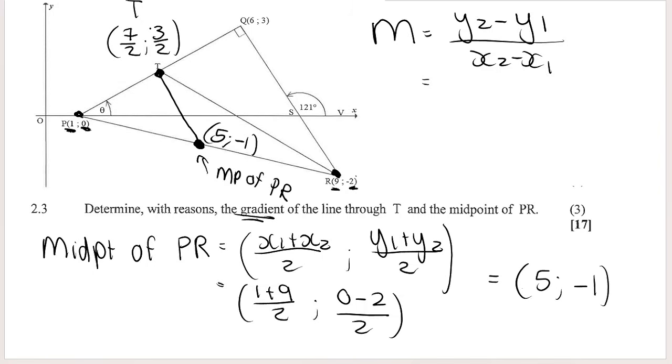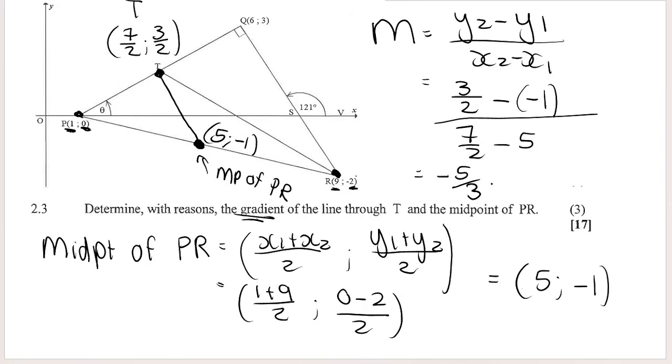So y2, so 3 over 2, minus negative 1. So it's y2 minus y1. My y1 is a minus, so it's minus, over x2, which is 7 over 2, minus 5. If you work that out, you get -5/3, which is what we got when we used the midpoint theorem as well.